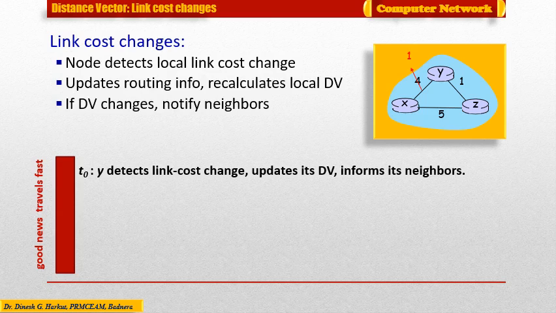At time t0, Y detects the link cost change. That is, the cost has changed from 4 to 1. It updates its distance vector and informs its neighbors of this change, since its distance vector has changed.